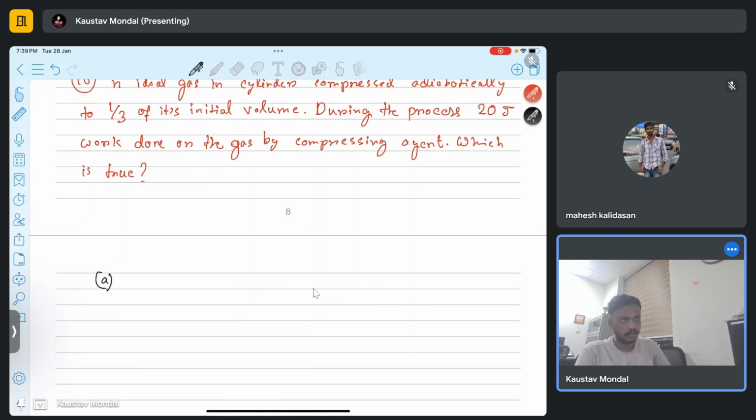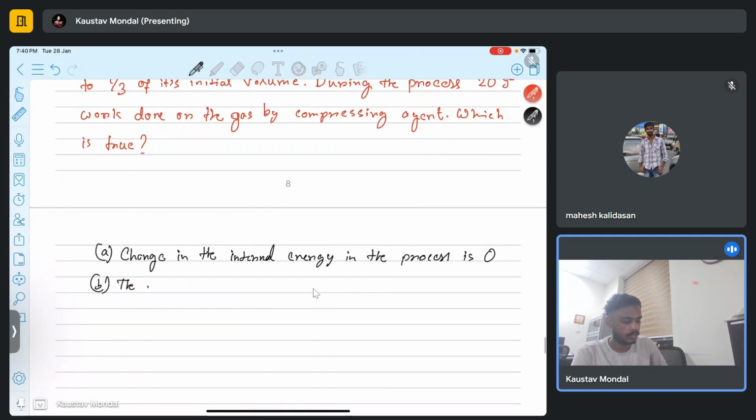So the first option is change in the internal energy in the process is 0. Option B is the internal energy increases by 20 joule.